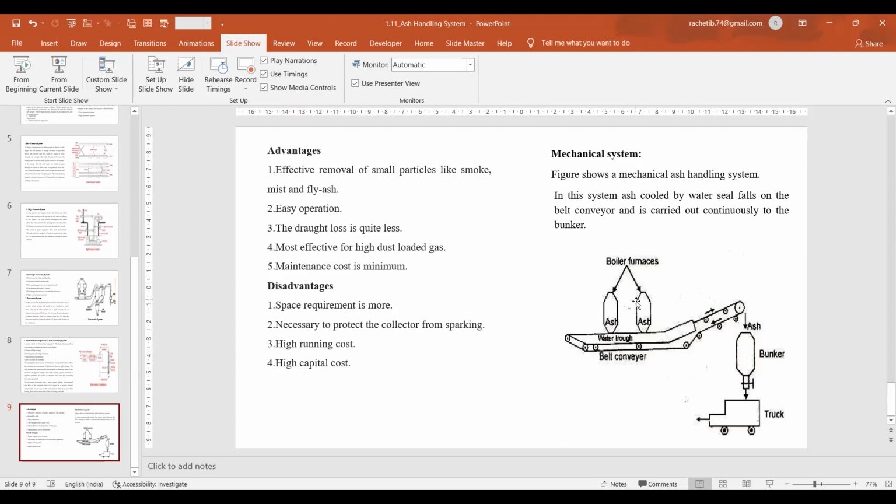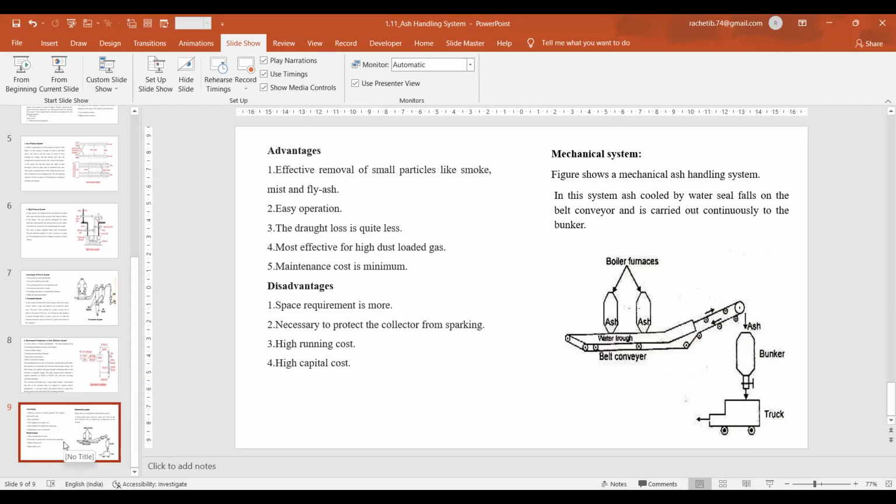Then we saw the mechanical system: boiler furnace, ash collected into the hoppers, falling onto the water trough, and being conveyed by the belt conveyor to the ash bunkers, from where you can directly load it to trucks, which can be sent out for useful work.